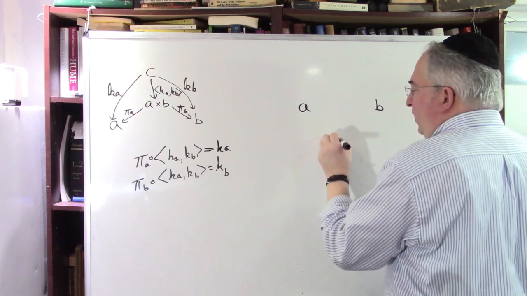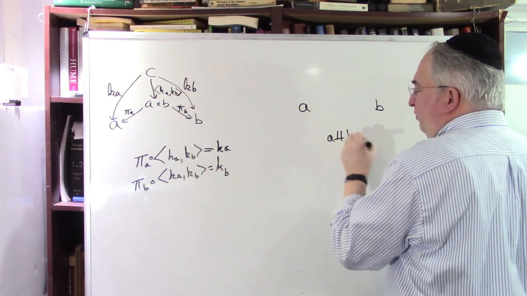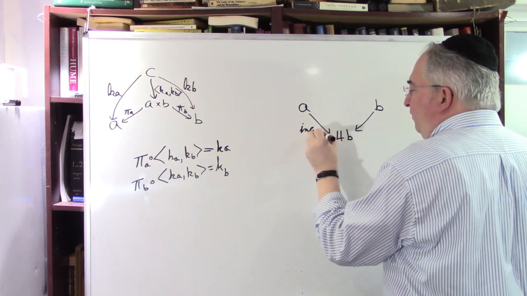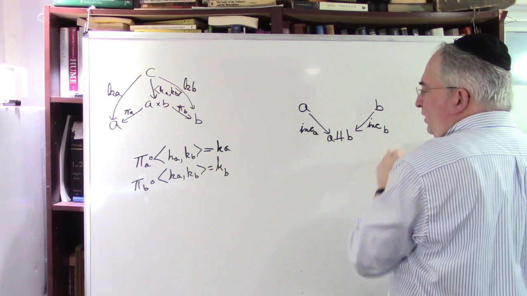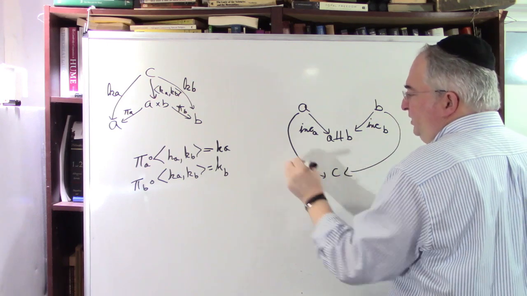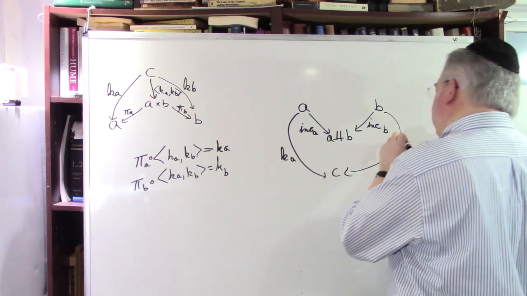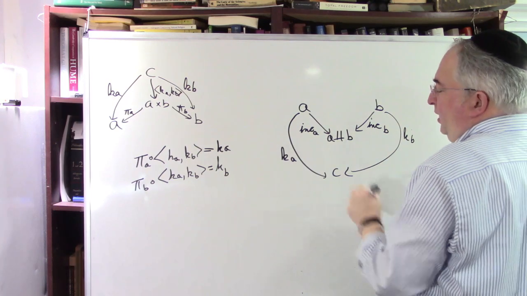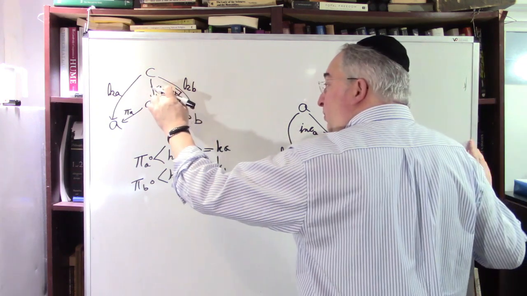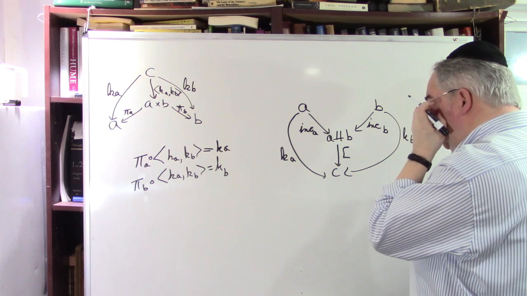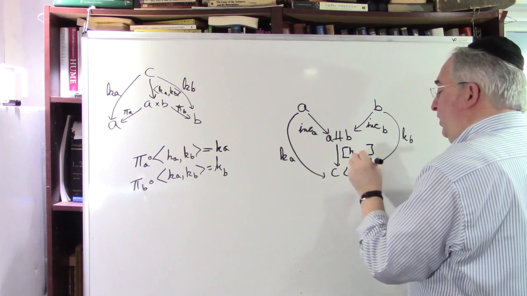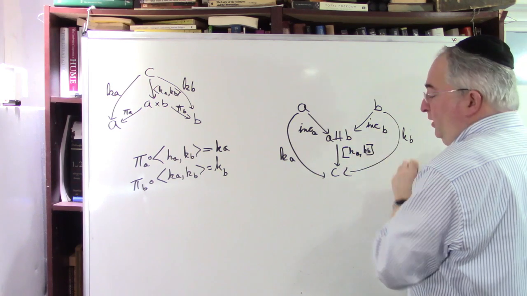A and B, with the disjoint coproduct A plus B. This includes here, this includes here, so we have the inclusion of A and inclusion of B, such that if there's any object C and any maps KA, KB, there is a unique map here, which we write in square brackets, KA comma KB.